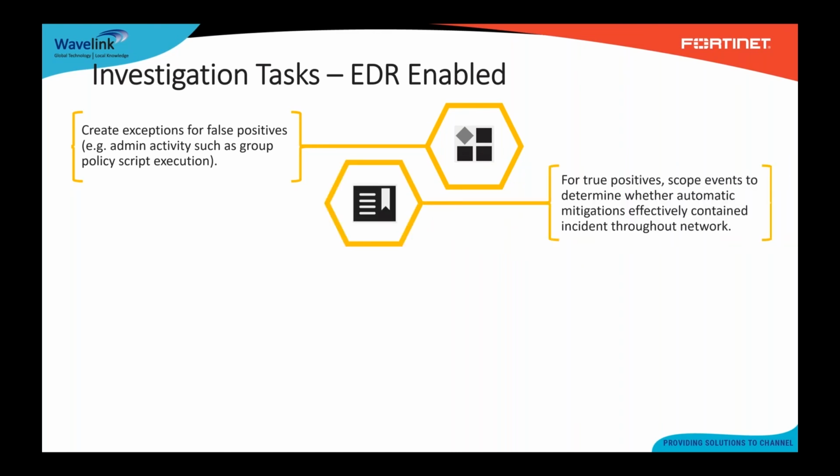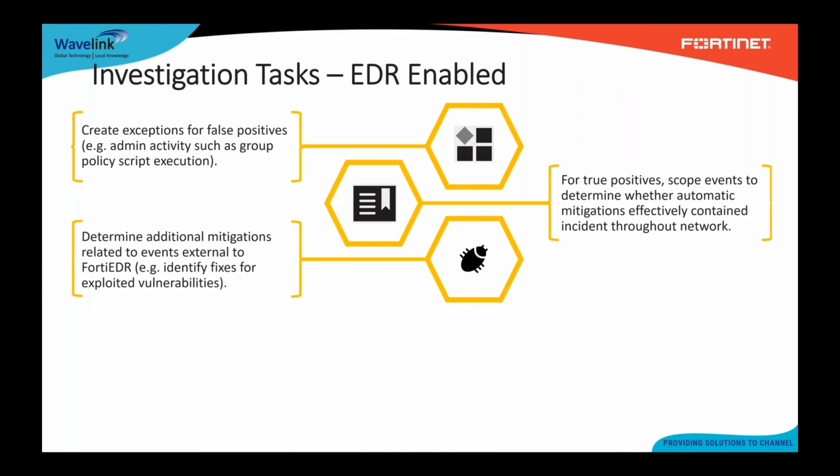We also, when there are actual true positives, so where the FortiEDR has blocked something that it was supposed to block, need to make sure that the attack associated with those events was completely contained, and that there's no other follow-up activity. Next one is to determine if there are any additional mitigations that we may need to apply.